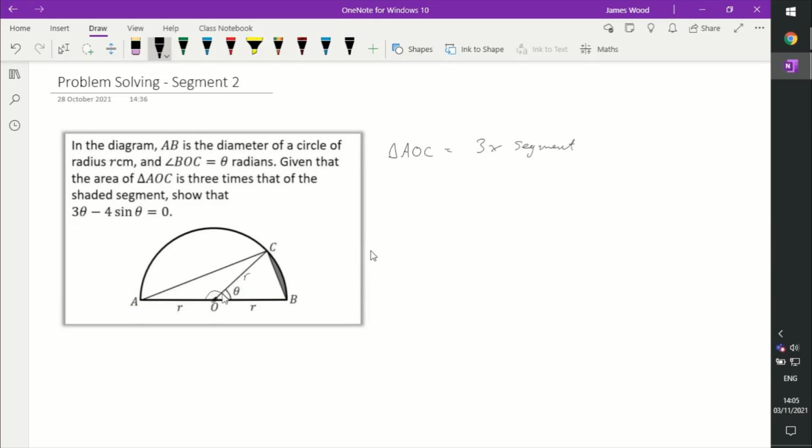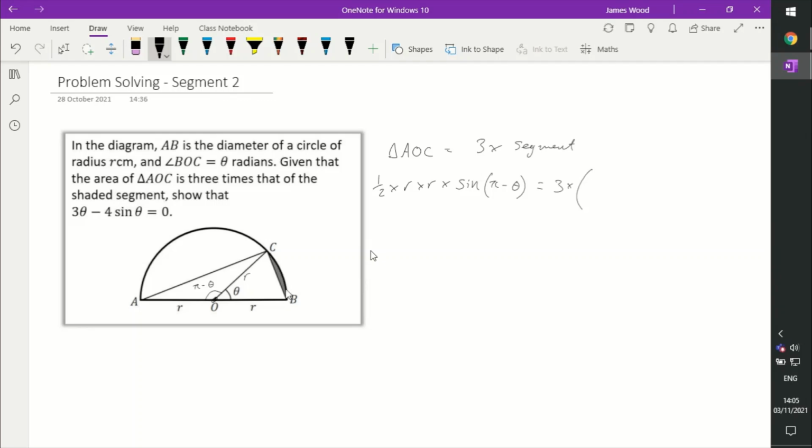This angle here, we don't know it, but obviously this is a straight line. If we were working in degrees, we would say 180 minus theta. But here, because we're in radians, we're going to do pi minus theta for that angle there. So this is half AB, which is r times r, times sine pi minus theta. And that equals 3 times this segment here.